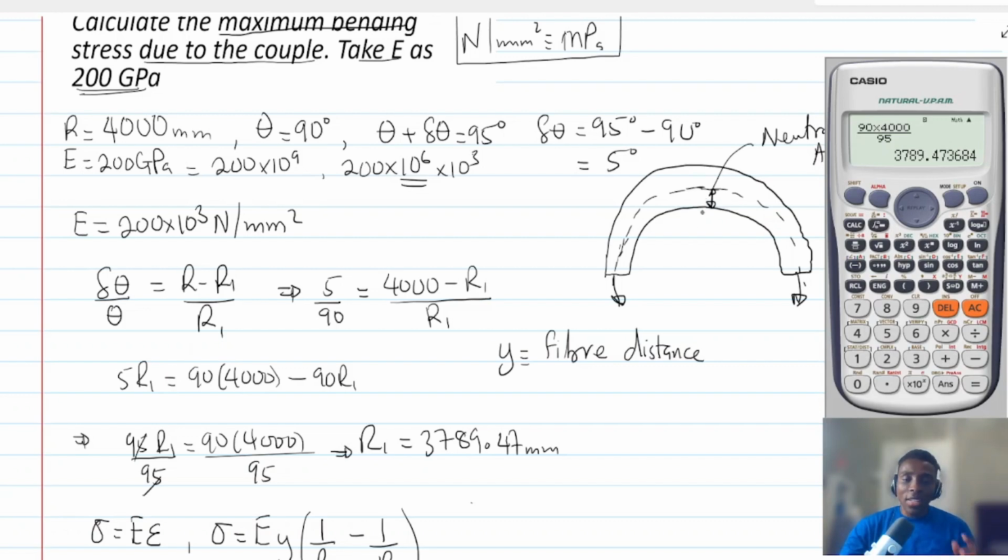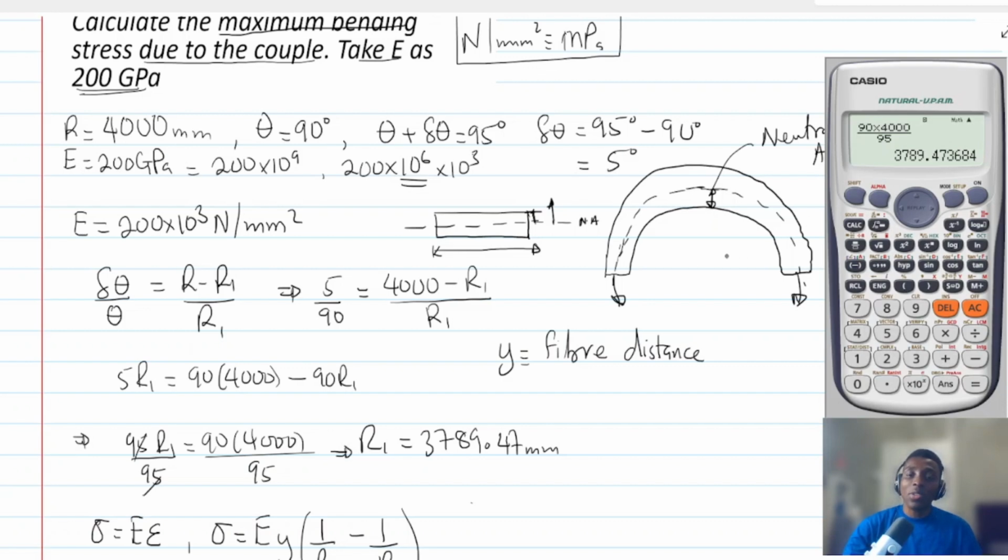So in simple terms, the fiber distance ends up becoming the centroid. For instance, if you have a rectangular cross section with a neutral axis here, the fiber distance is that distance from the neutral axis, and the maximum is when you get to this point here. So that distance is the centroid.